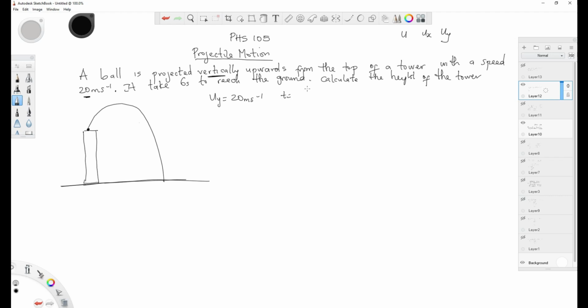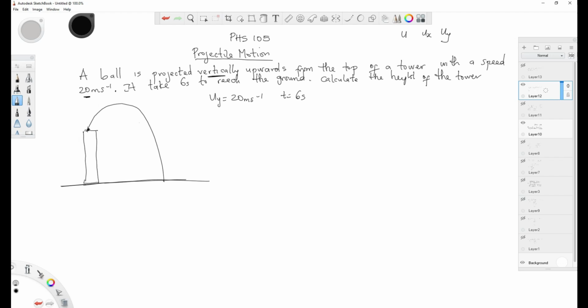Then the t, the total time taken to reach the ground, is 6 seconds. And this is basically everything we have in this question. And you're told to calculate the height of the tower. Now, I would like us to calm down and follow from this point, because I'm going to break this motion down. Now, this ball is projected vertically upwards, isn't it?